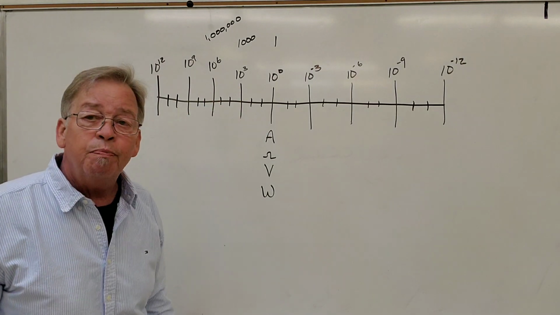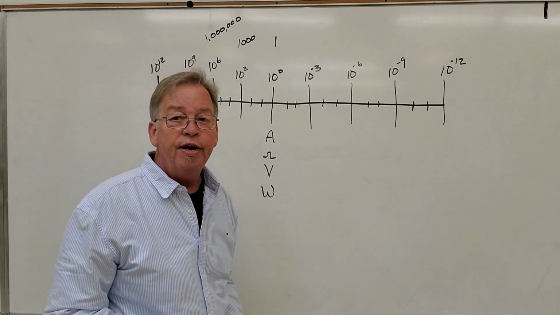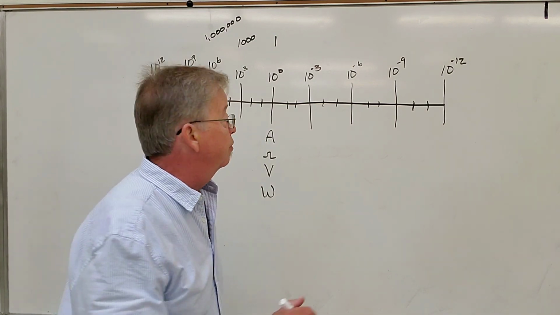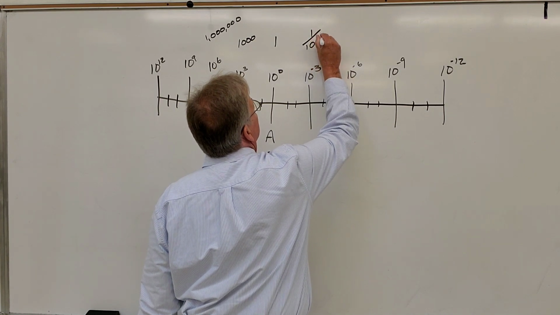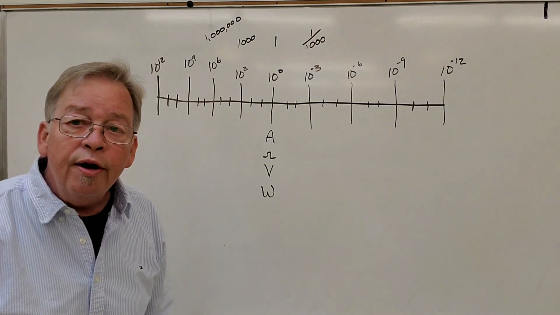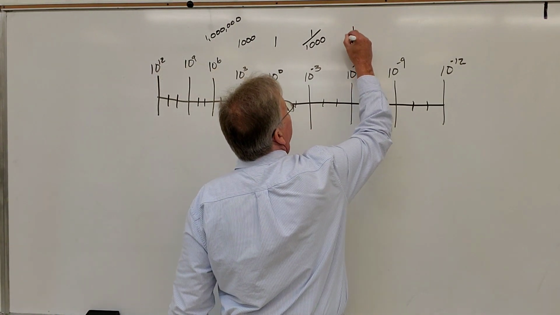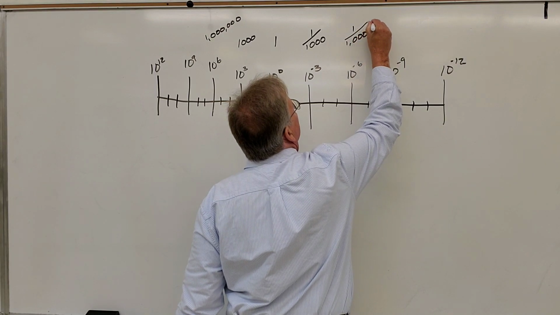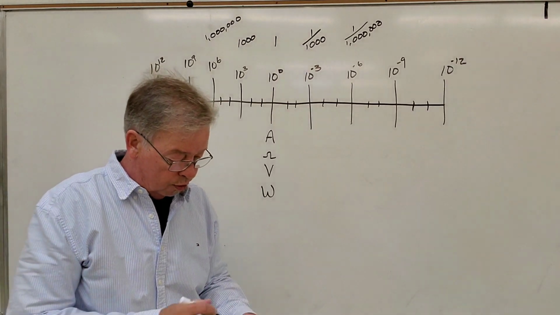So if exponent 3 is 1,000, exponent to the negative third power is 1 1,000th. Then 1 10,000th, and then 1 1,000,000th, and so on and so forth.